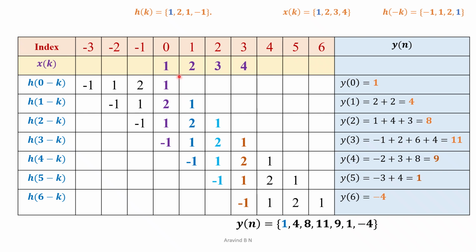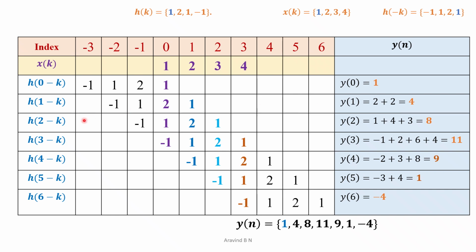Now x of k's value 1 and h of 1 minus k's value 2 come under the same column. Multiply them together: 1 into 2 is 2. Similarly, in this location, 2 into 1 are in the same column, so 2 into 1, again 2, and the answer is equal to 4.